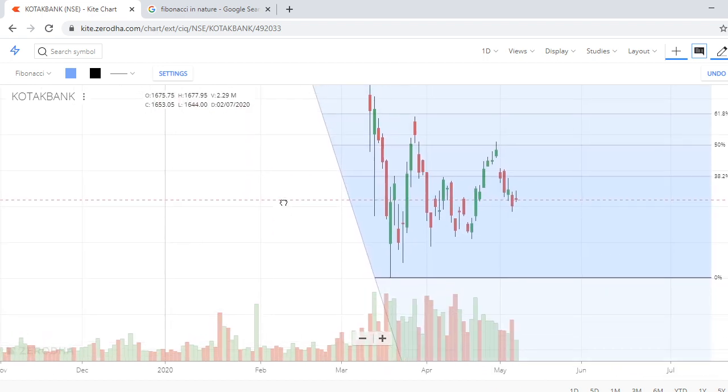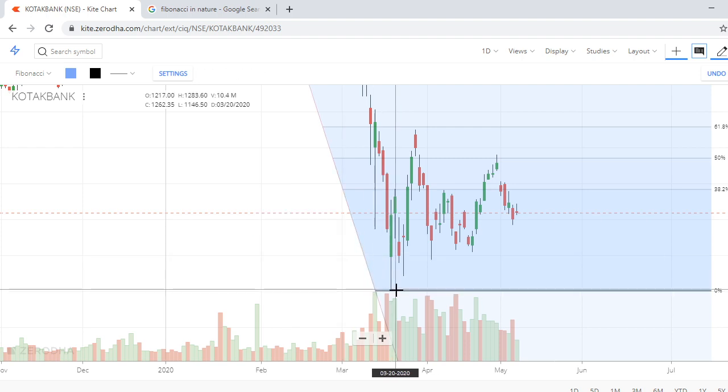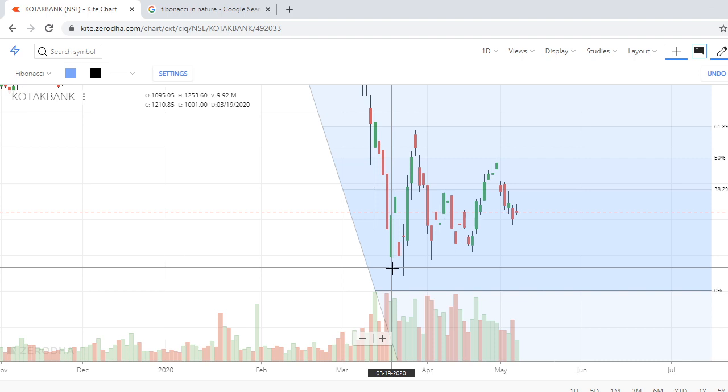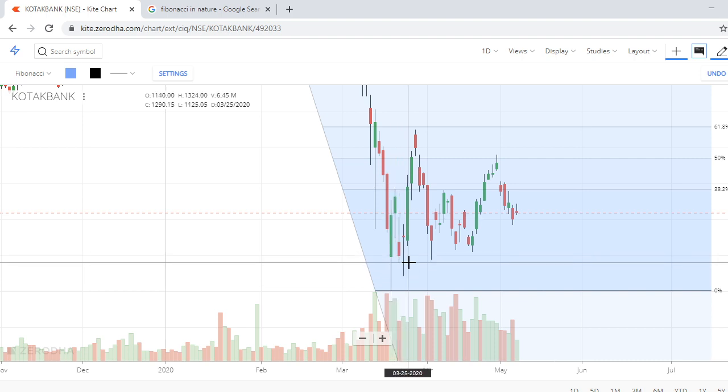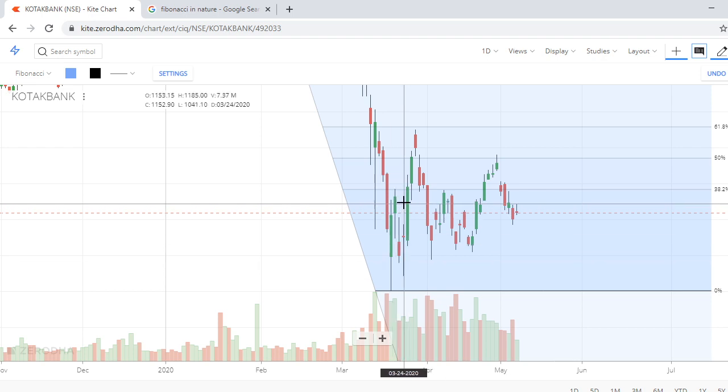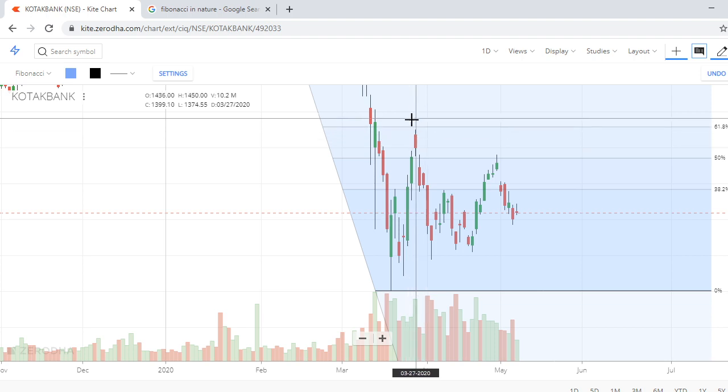Now once the stock takes a reversal or tries to take a reversal, it is better to book the profits. And if you take a long here, I repeat this, don't initiate the trade based on Fibonacci numbers, but you can book your profits based on this. If you initiate a trade, first step you can book your profit at 38.2, second step 0.50, third and final step, the golden ratio 61.8.